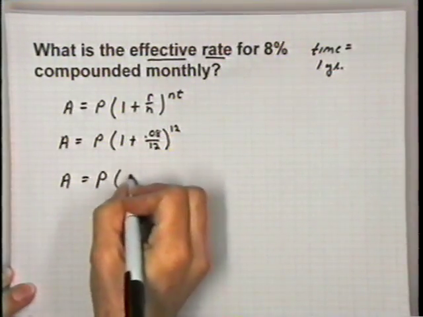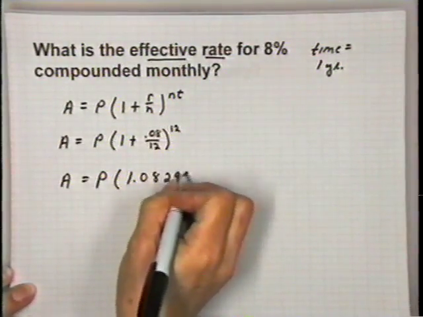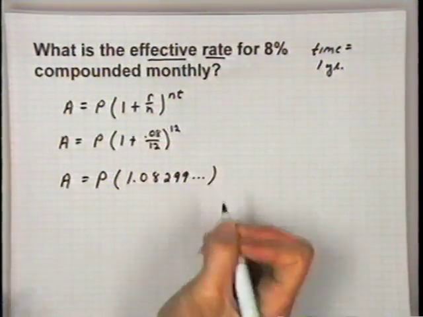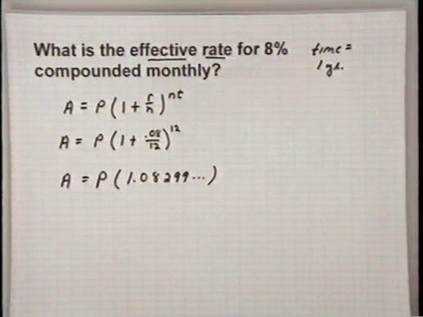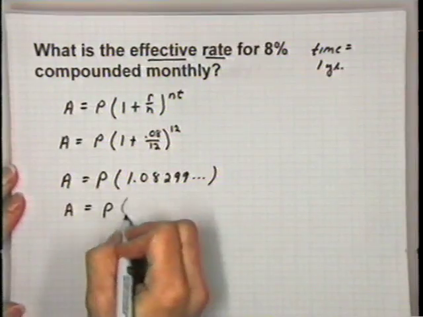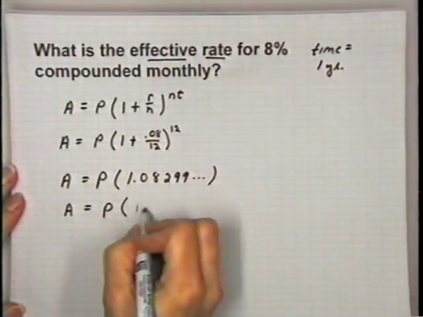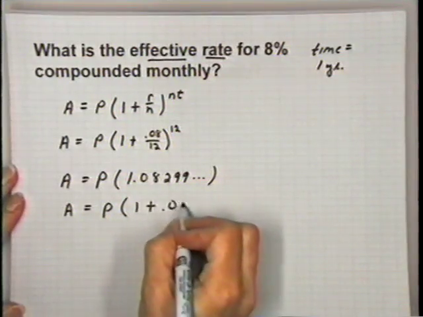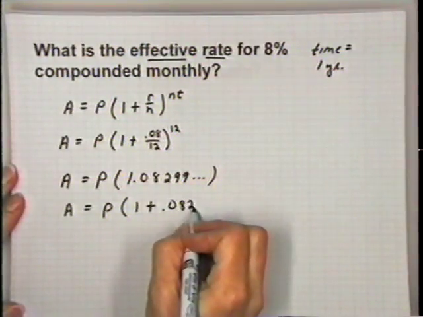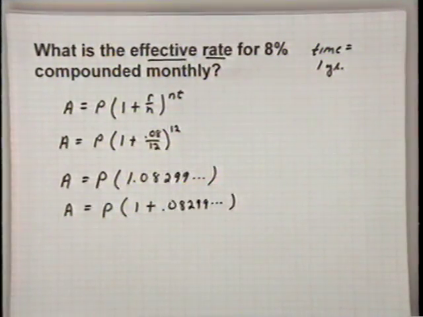So what I'm seeing here is 1.08299, and it continues for some other decimal places there. Now, I'm just going to do one other little simple thing here. 1.08299, etc. is the same thing as 1 plus 0.08299, etc., isn't it? Do you see that?